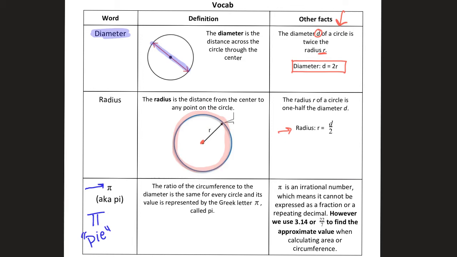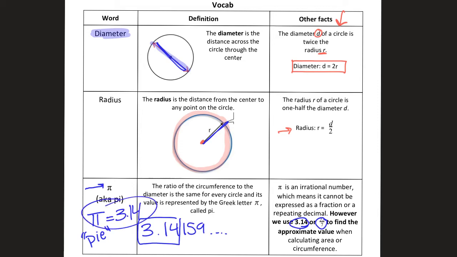I don't want to take the time to write the whole thing of it, right? If I did that, it'd be 3.14159, and it just goes on and on. So we approximate it using 3.14, or the fraction 22 divided by 7. Okay? So diameter goes the whole way across, radius is halfway, and then we have this fancy symbol called pi that we approximate with 3.14.